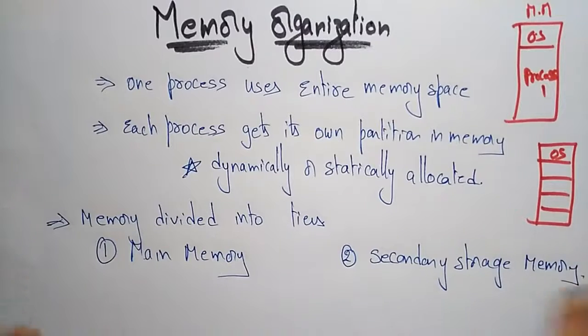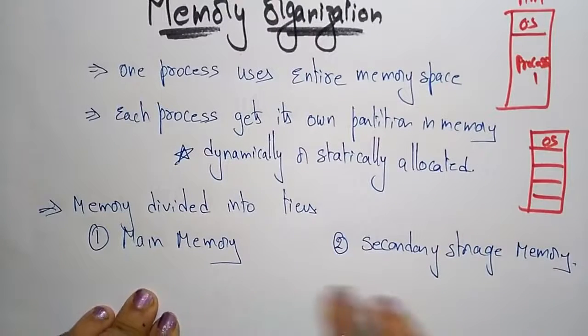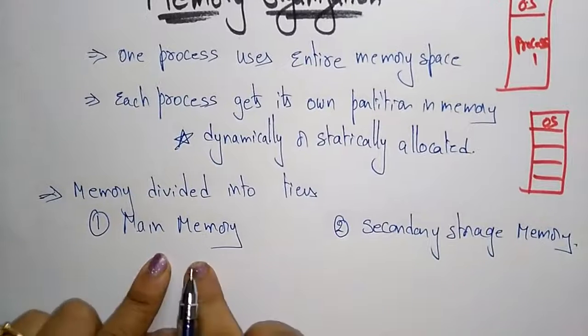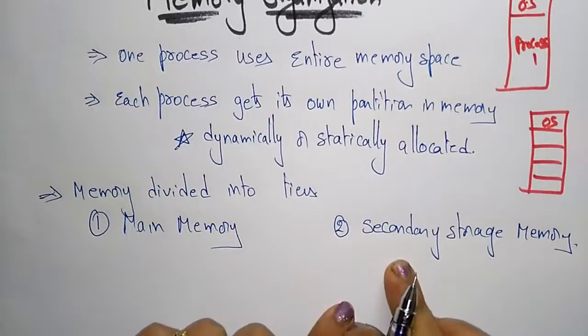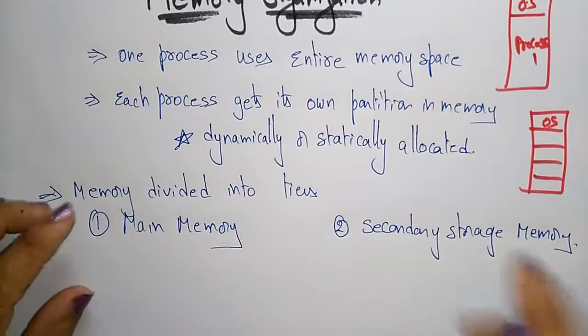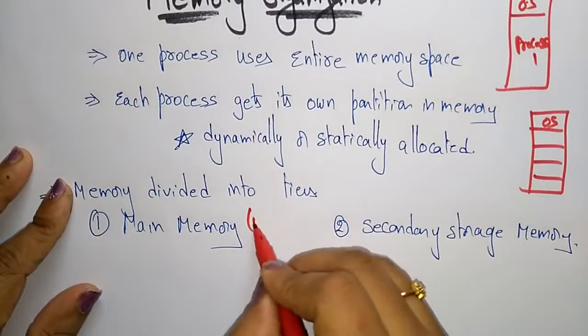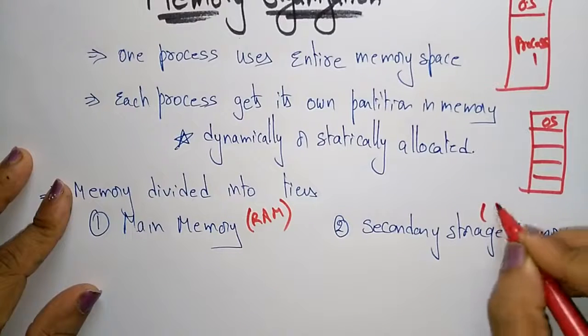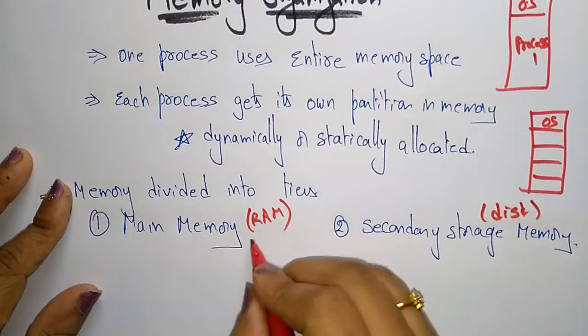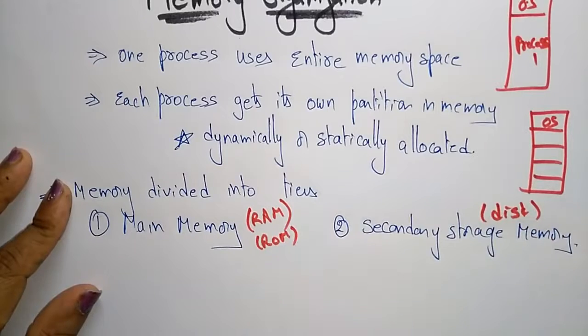So the complete memory organization is divided into two: main memory and secondary storage memory. Main memory is nothing but the RAM, random access memory, and the secondary storage memory is a disk. So this is RAM, and this is disk.